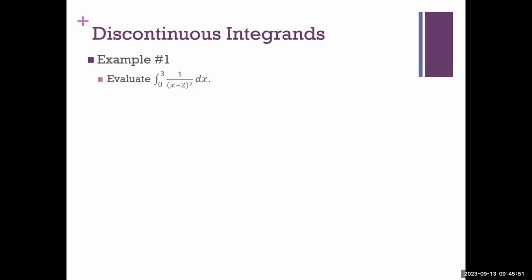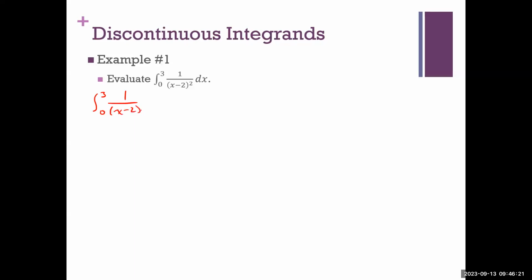So is this function right here continuous on the interval I'm trying to integrate it on? No. Why not? Because it doesn't exist at 2. Right, it's not even defined at 2. It can't be continuous at 2 if it's not even defined. So because of that, we have to break this thing down. With the other ones we were dealing with infinity, we had some choices about where to make that partition.